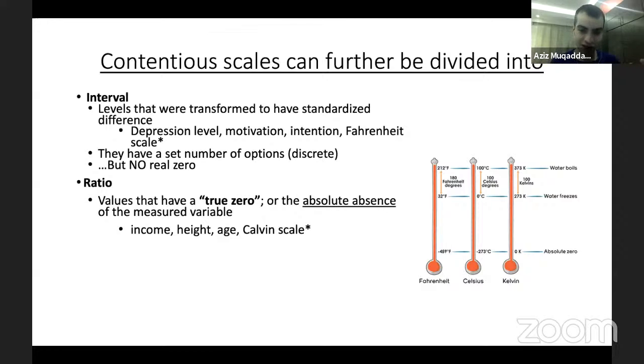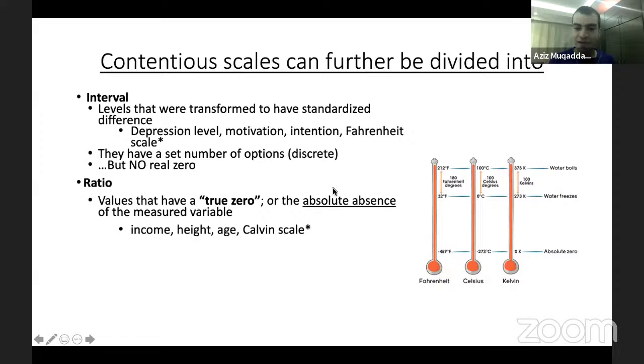Height, theoretically speaking, you can have zero height, which means non-existence. If you demolish something and took care of it, it would have zero height or zero weight. Age: if you're still unborn or about to be born, technically you're still zero until the first second in your life. On the Kelvin scale for temperature, that's the one we would call a ratio scale.